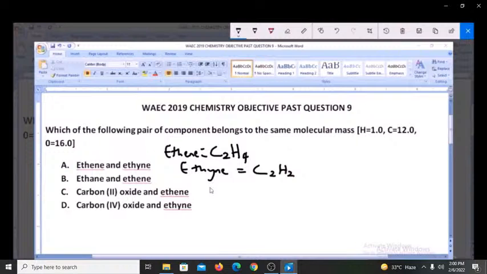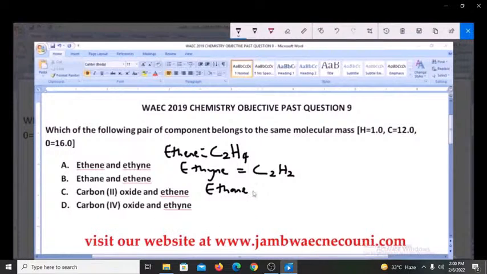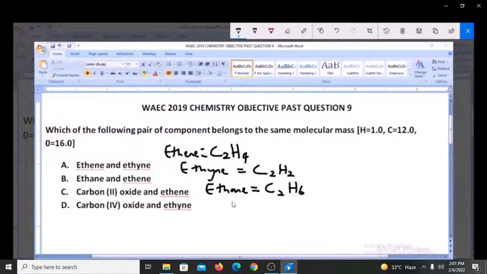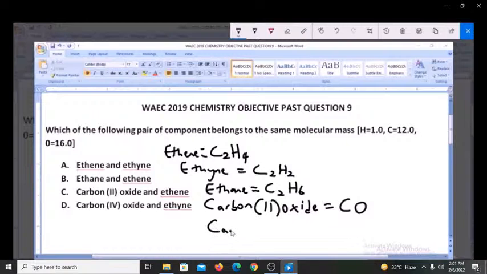We have ethane, chemical formula C2H6. We have carbon 2 oxide, or carbon monoxide, CO, then we have carbon 4 oxide or carbon dioxide, which is CO2.